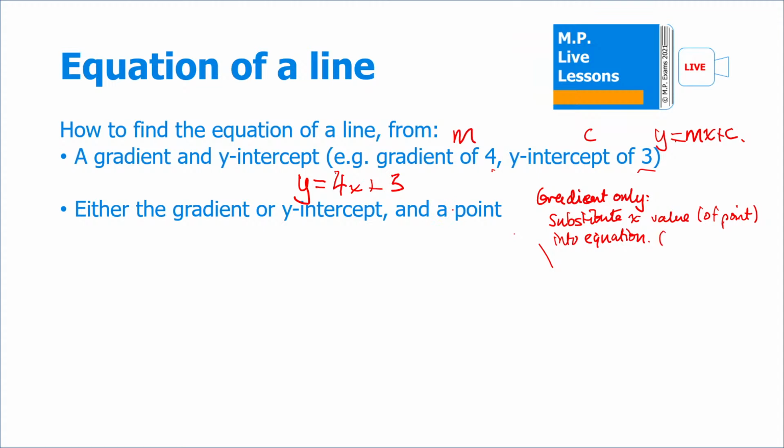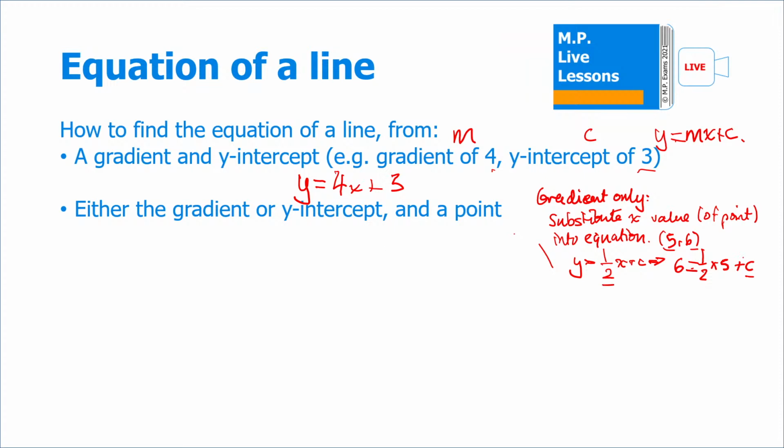Suppose, let's say the point (5, 6) is on the line with a gradient of 1/2. You'd have something like y equals 1/2 x plus c. That's your little model or template, and you substitute the x and y coordinates. So the x coordinate comes first, so 1/2 times 5 plus c, that's equal to 6. So you'd solve this out and you'll get your c, which is your y-intercept, but you're already given the gradient here.